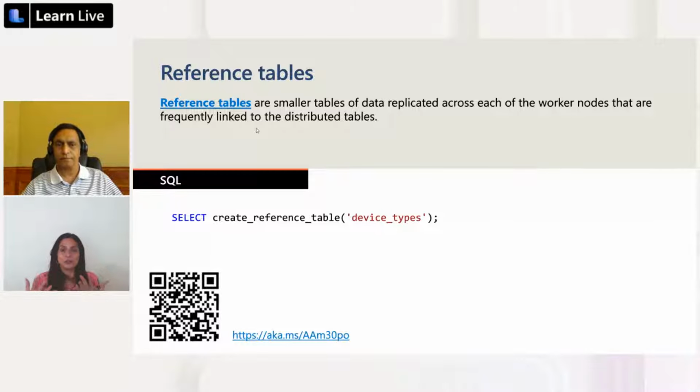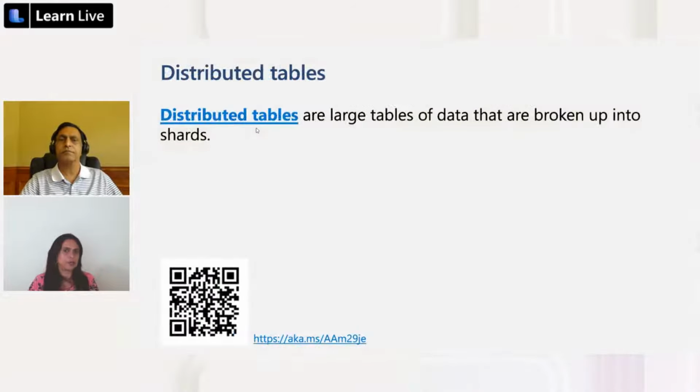And that's why I wanted you to understand the difference between a reference table when you're talking about normal relational databases, and a reference table here. So a reference table here needs to be small. It is like a lookup table, and you have to have kind of static data. So there are things that you need to keep in mind, which we will be talking about later when we talk about the reference tables.